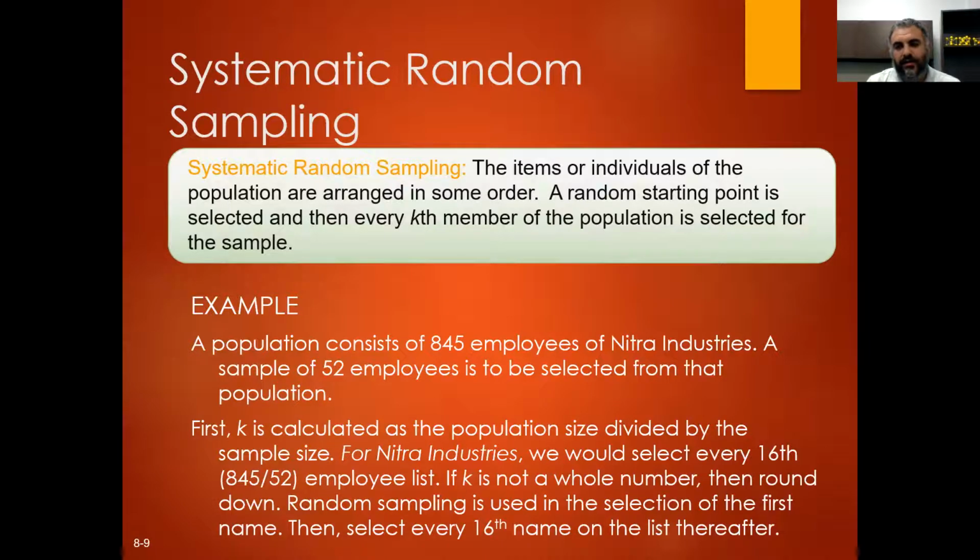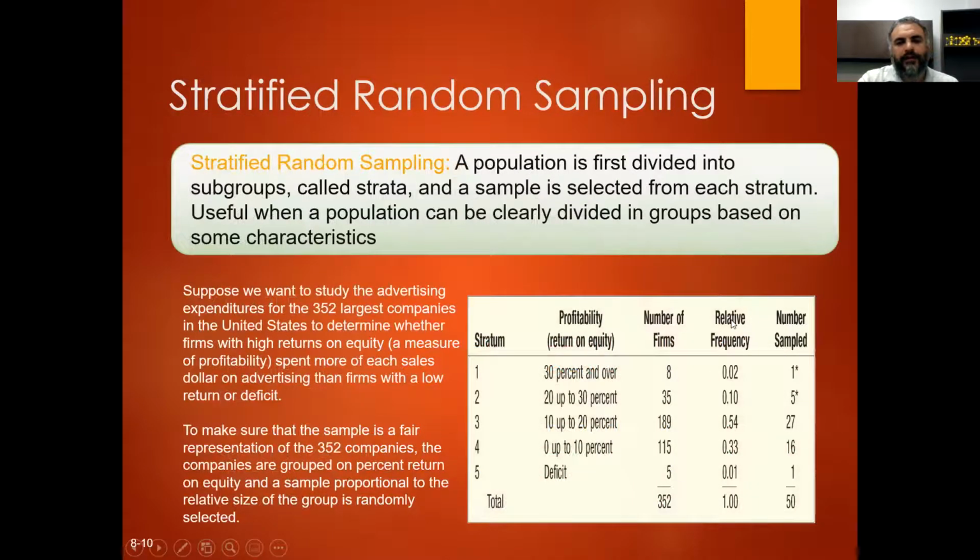So every 16th employee, this is the number K. Then, for example, you select number 10 to be the first employee to be surveyed. Then we continue with number 26. Then again, you add 16 each time until you have the full sample.